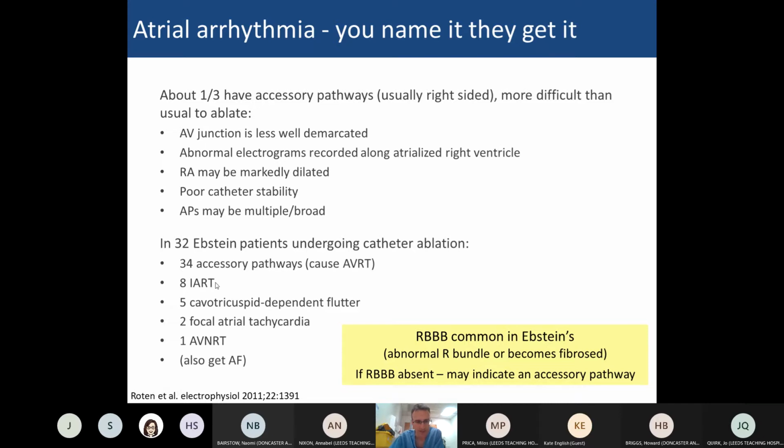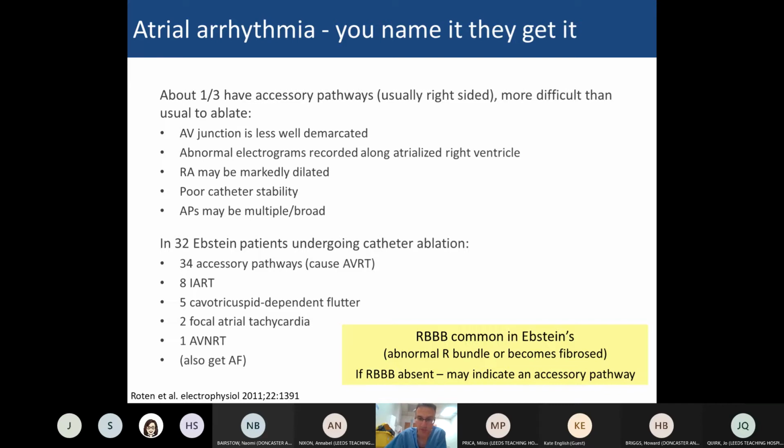Here's a paper looking at 32 Ebstein patients who underwent catheter ablation, and they found lots of accessory pathways causing AV re-entry tachycardias, 8 interatrial re-entry tachycardias, 5 fairly standard flutters, a couple of focal atrial tachycardias, and 1 AVNRT. Potentially these patients can go on to develop AF, particularly over time.